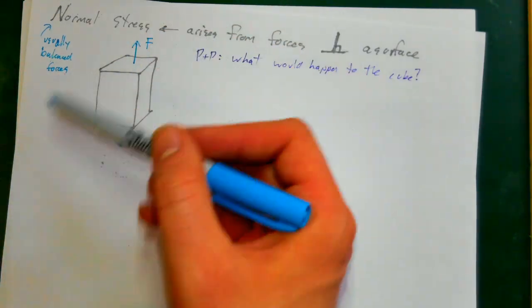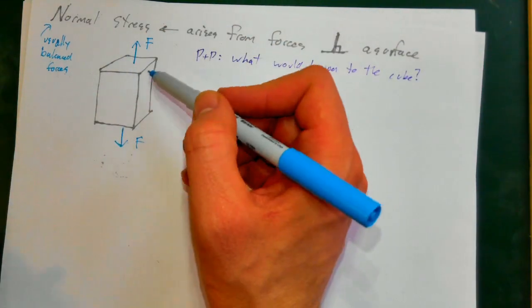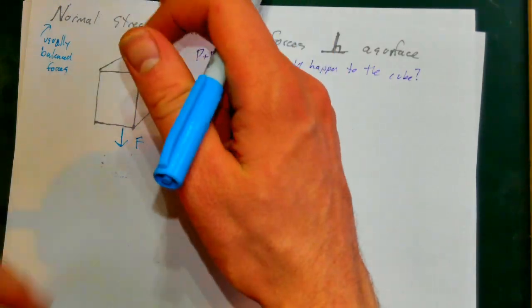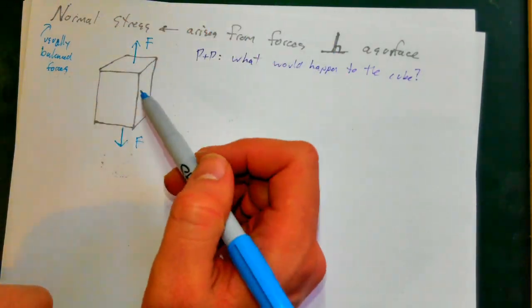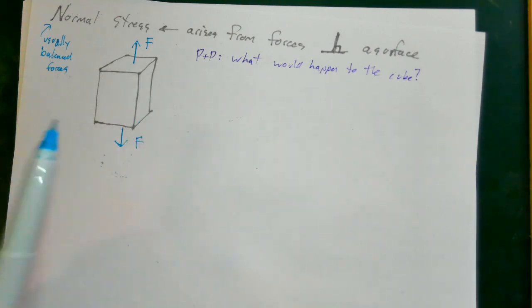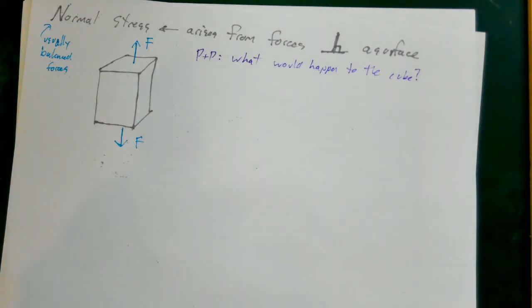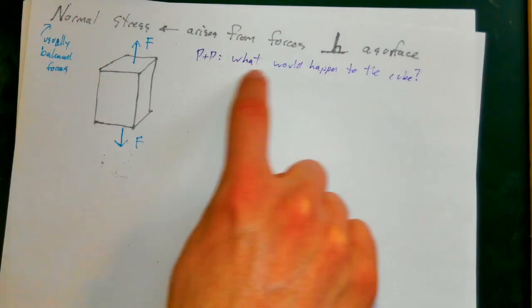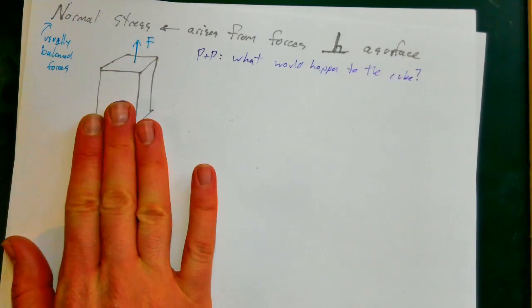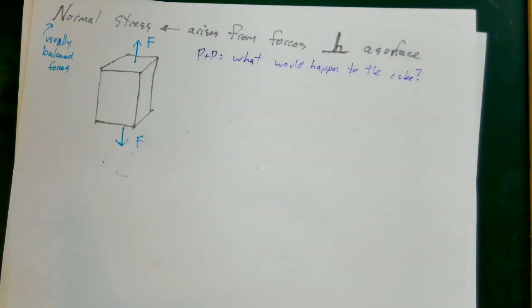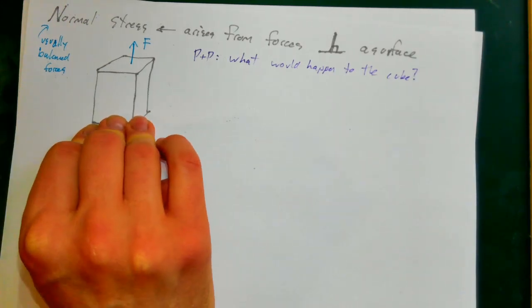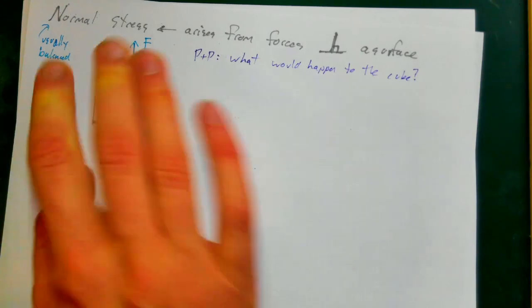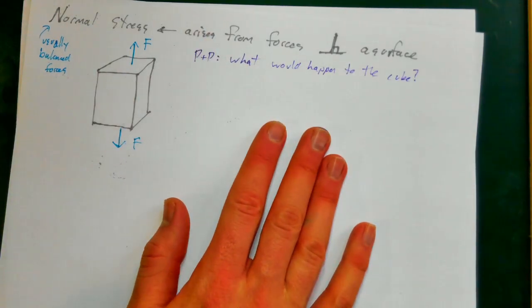When we're analyzing materials and material properties, we're oftentimes considering this case where forces are equal and opposite. So the answer to this question is the cube would accelerate if we had only one force. I guess stress technically would arise if I had an unbalanced force, but that's tricky to model, and outside the scope of what we're going to cover here.